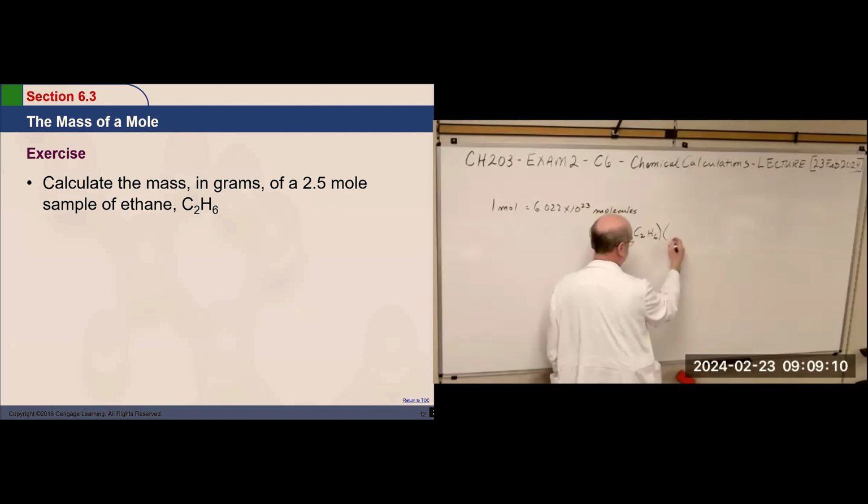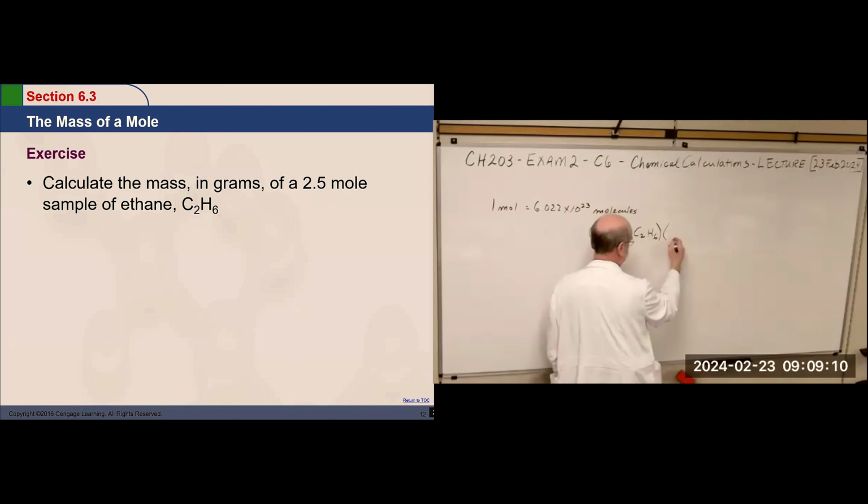And this is 6.022 times 10 to the 23rd per gram. And all we have to do is divide that into this value, and we get 75, excuse me.